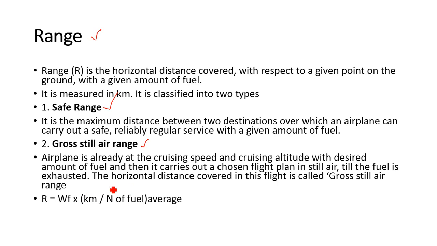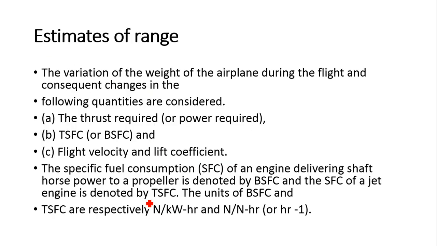Normally, the term for denoting the range is R. So R is equal to WF into kilometer per Newton of fuel, where WF is the weight of the fuel. That means for the amount of fuel, how much distance we get. We can calculate that in terms of the weight of the fuel also. For estimating the range, what things need to be considered?